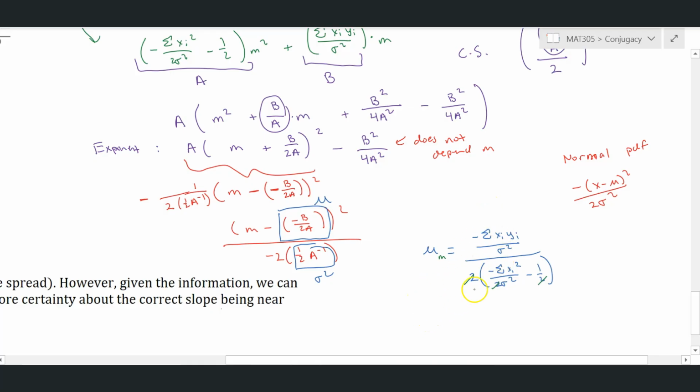So we should also write for our variance here that we should call this sigma m squared to distinguish it from the variance that came from our expression for the error term.